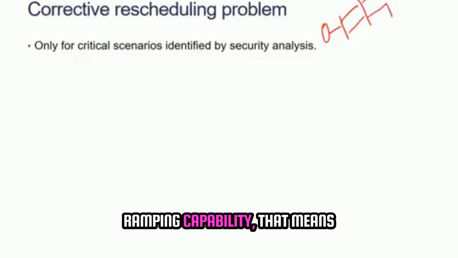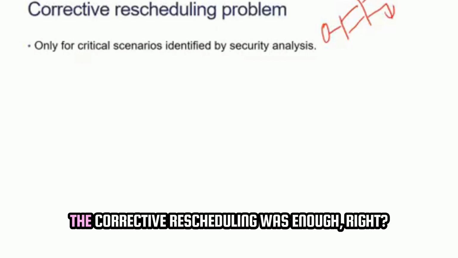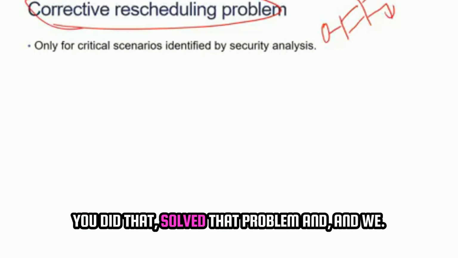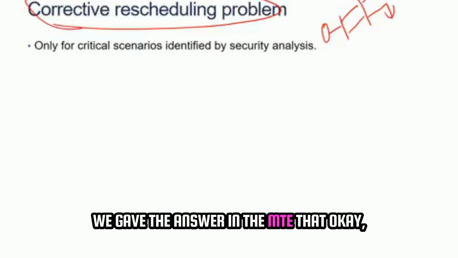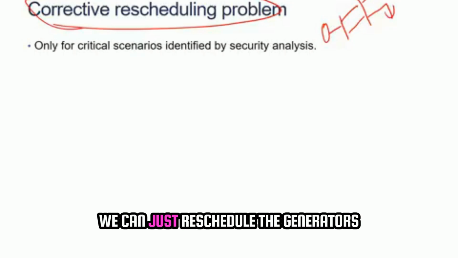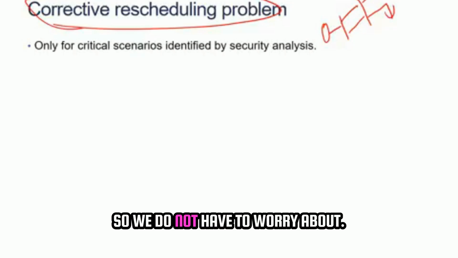That means corrective rescheduling was enough. You solved that problem and we gave the answer in the MTE that we can just reschedule the generators and immediately balance the load, so we do not have to worry.